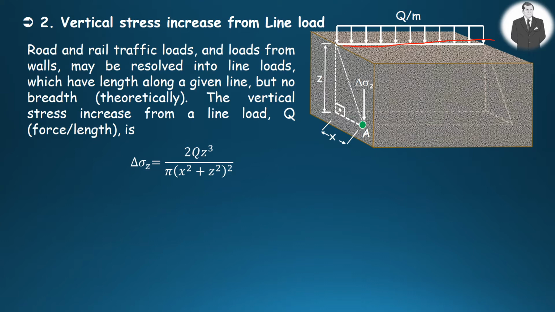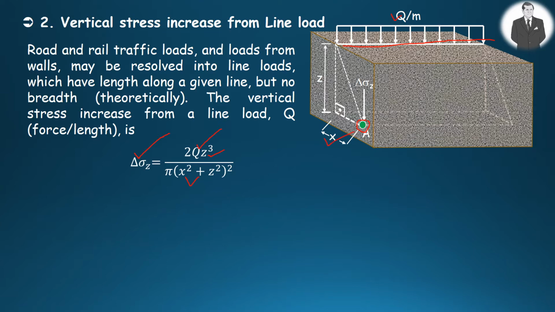The vertical stress increase from a line load in this case can be calculated by this equation given here, where Q is the line load acting on the ground surface, and Z is the vertical distance of point A under consideration, and X is the horizontal distance as shown in the figure.